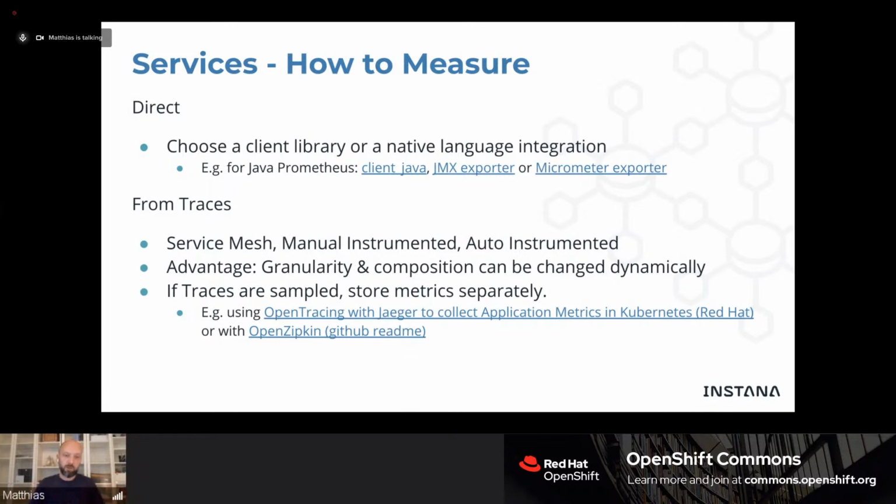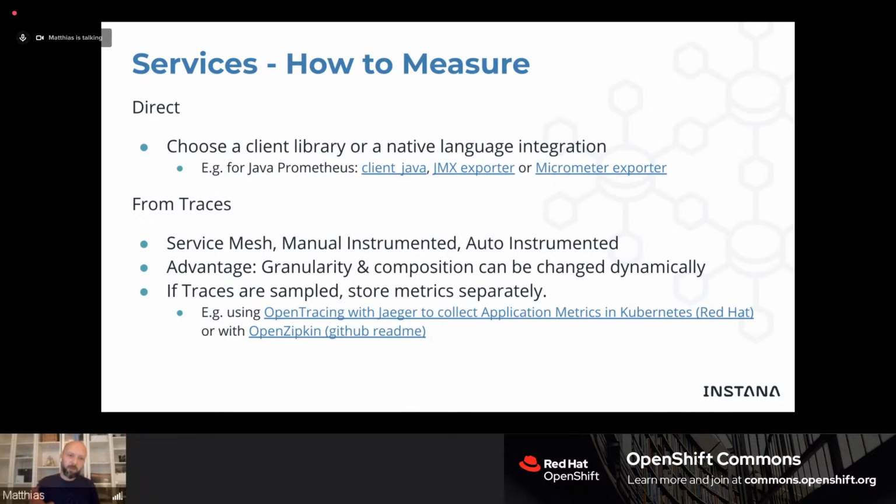If you're using a service mesh, or if you're using Instana, you can capture them automatically. The other advantage, at least with Instana, is that you can dynamically change this. In Instana and other tools, you can dynamically change the service composition and the granularity, something I talked about earlier. So that's an advantage of working with it.